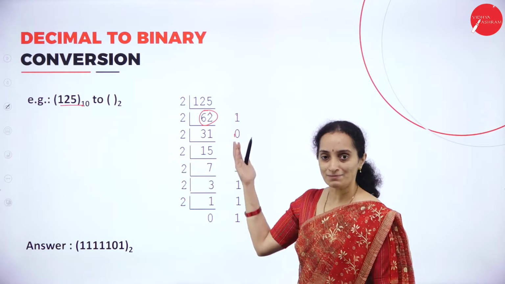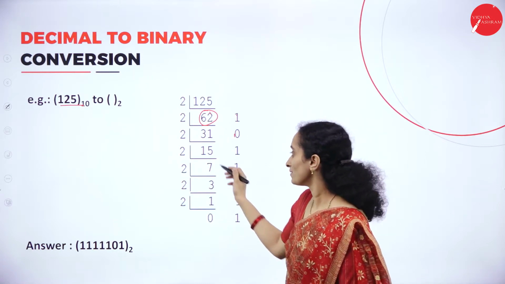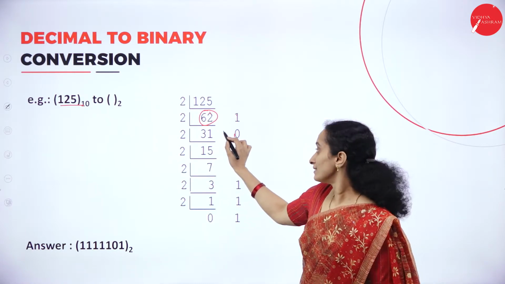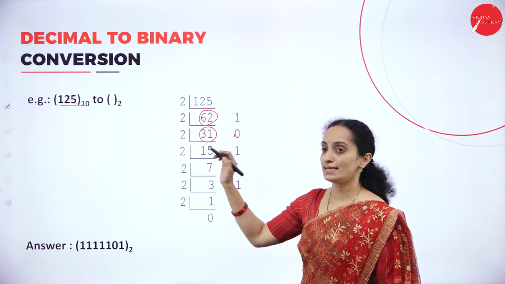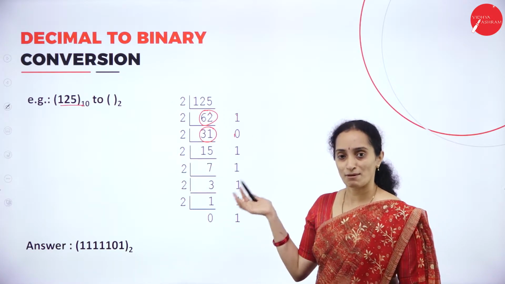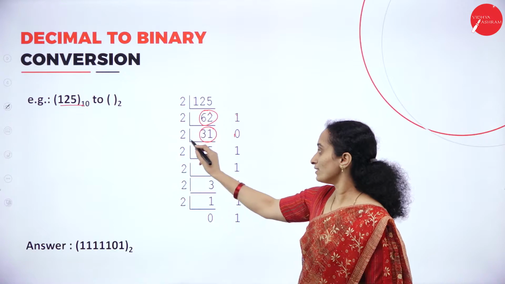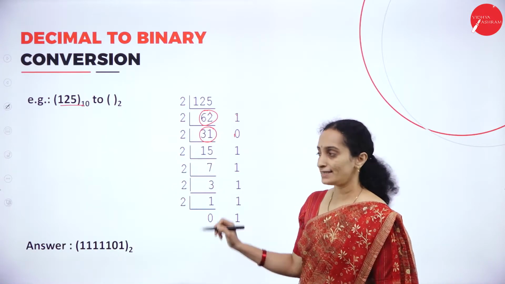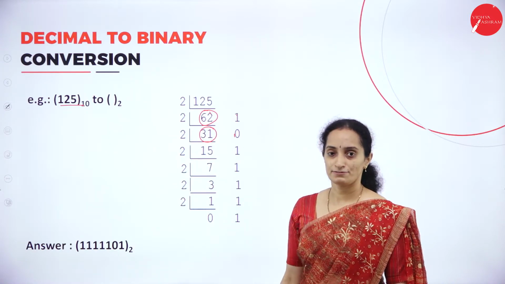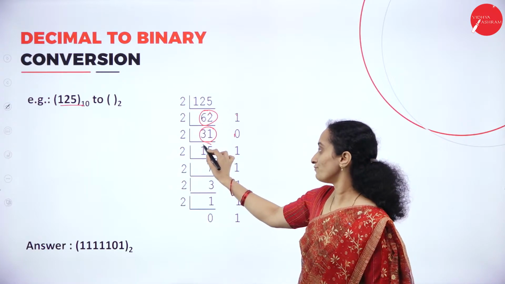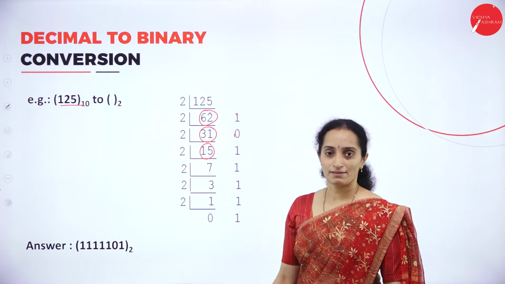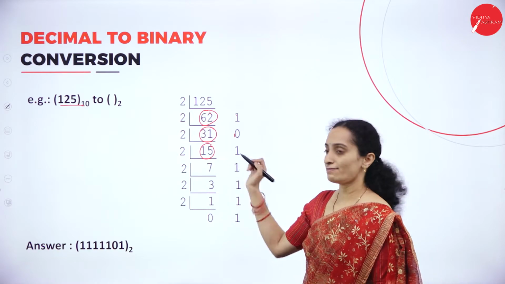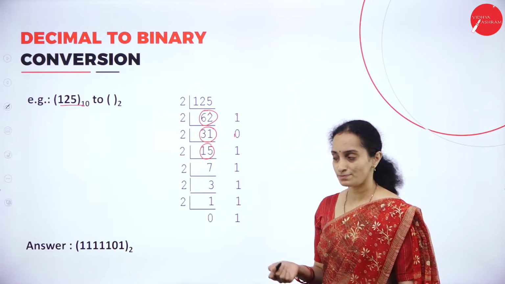If nothing is there, 0 will be there. Next, this 31 will act as the new integer number for division. Again, divide it by 2. You will get the quotient 15. Remainder will be 1. Again, divide it by 2.